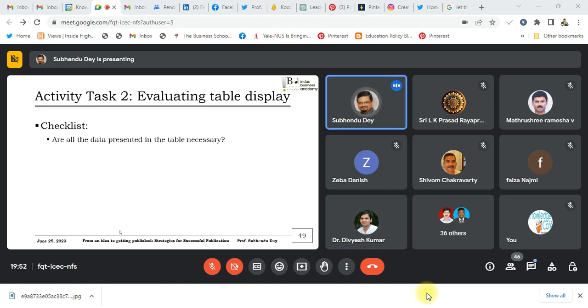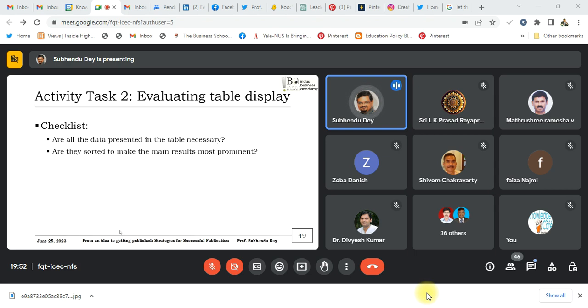Taking on from what you said, can we say that if we have made all the main results absolutely prominent in the tables, that is one way to look at whether the tables have been written properly or not? We can also look at the titles.